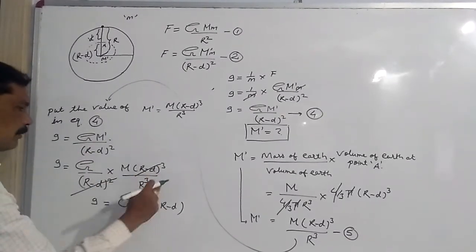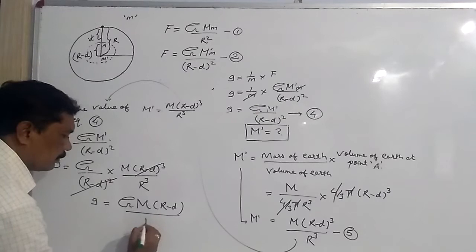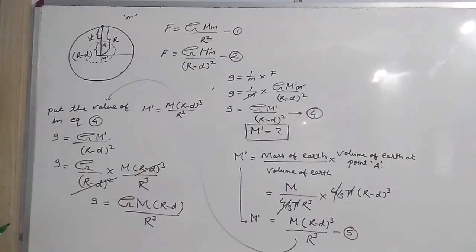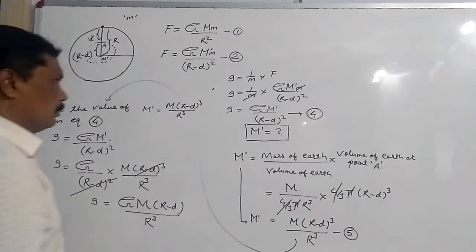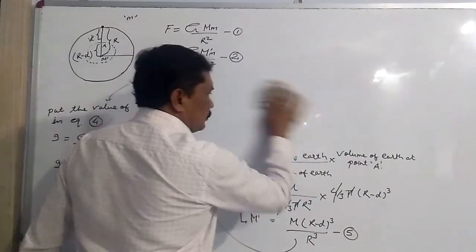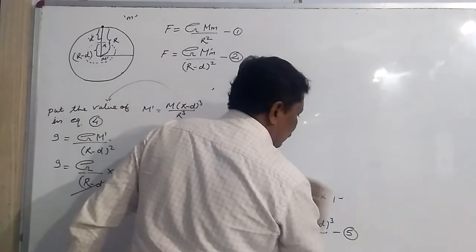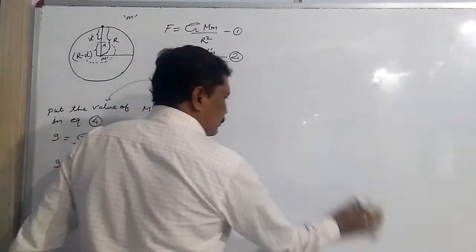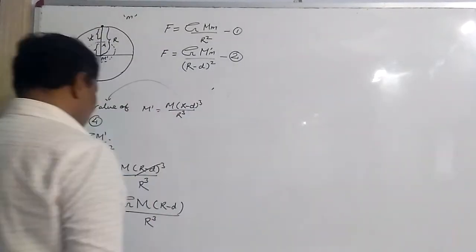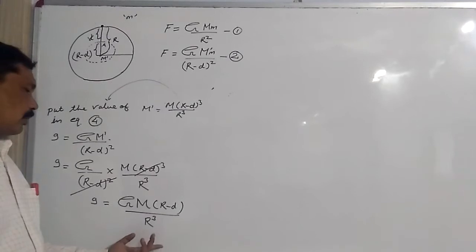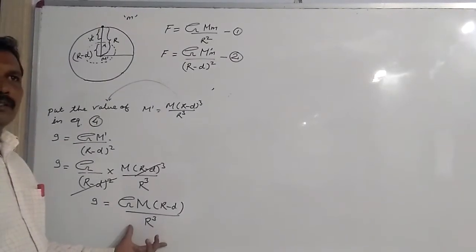GM into R minus D, and at the denominator we will get R cube. Now we have got this mathematical expression for acceleration due to gravity.